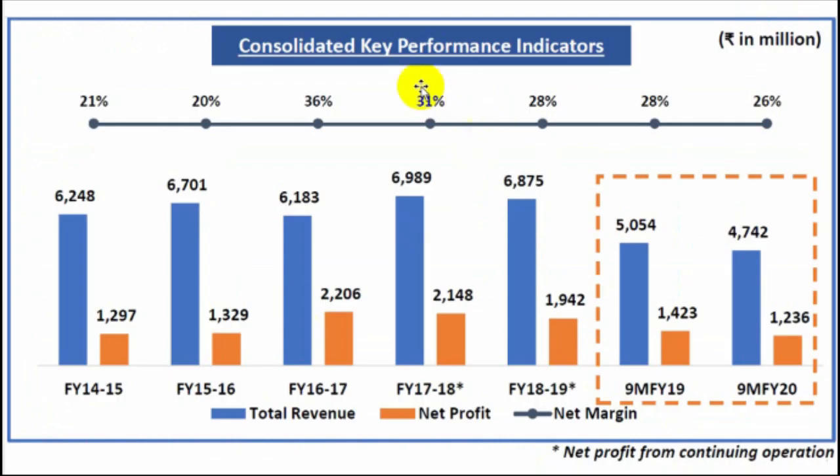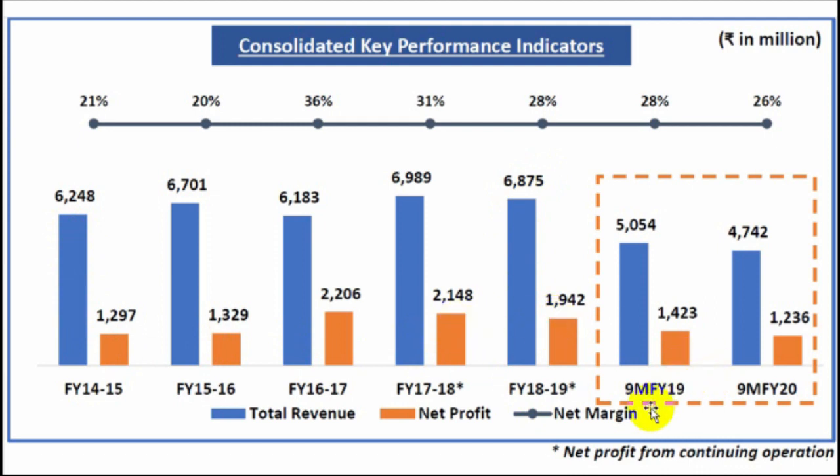Let us look at the consolidated key performance indicators. In FY 14-15, total revenue generated was 624 crores. Against that, the profit earned was 129. In FY 18-19, the total income generated was 687 crores, and the profit against that was 194 crores.